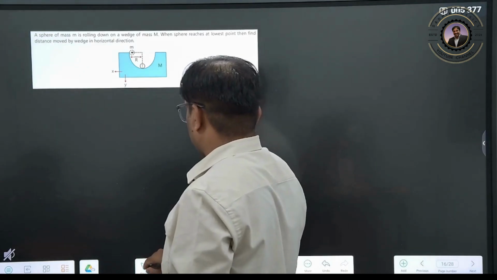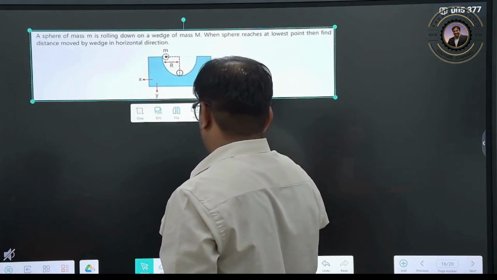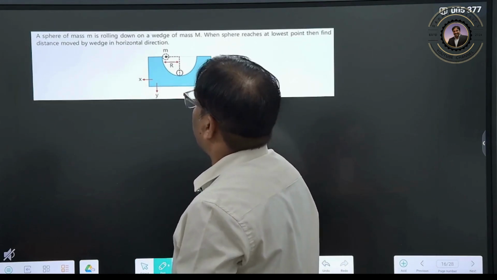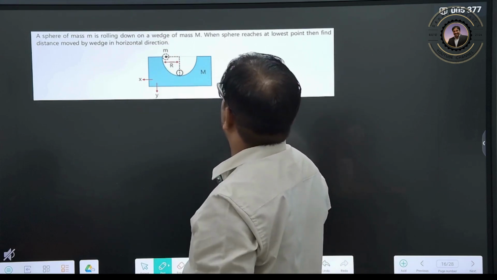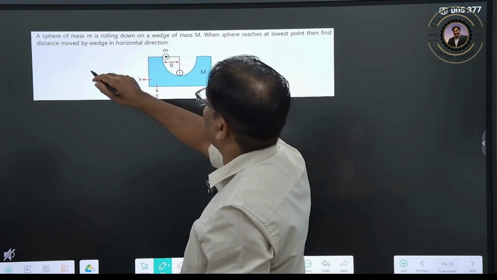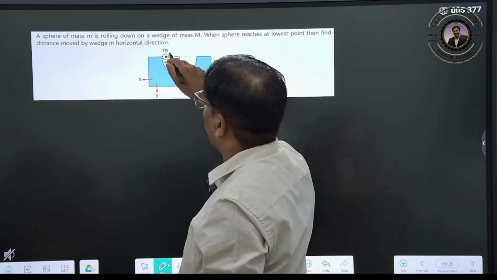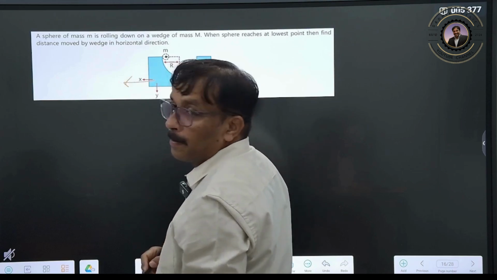Now this is also the same concept here, no? Same concept. Therefore here there is a sphere. This sphere is rolling onto this one now, right? So when the sphere reaches the lowest position, find the distance traveled by the wedge in the horizontal direction toward this side. Clear?